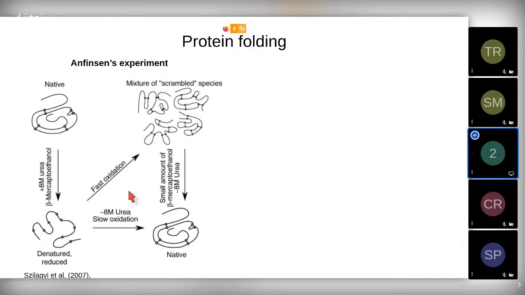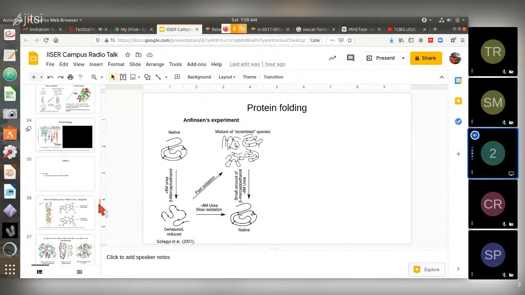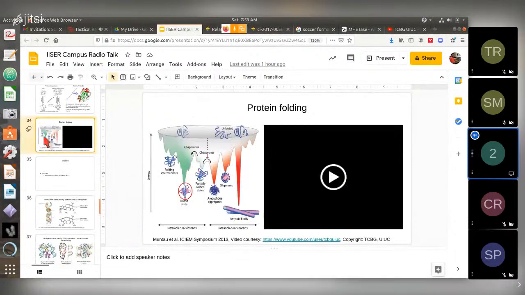So it depends on the condition and what kind of experiment you are doing. That might lead to either a mutation in a chaperone or something else changing in a condition to lead to these misfolded and aggregate states.